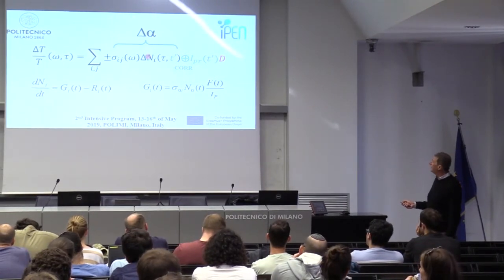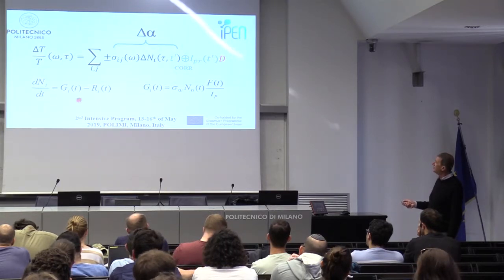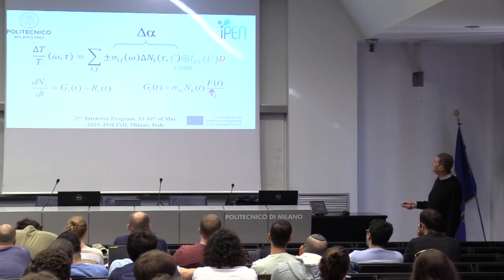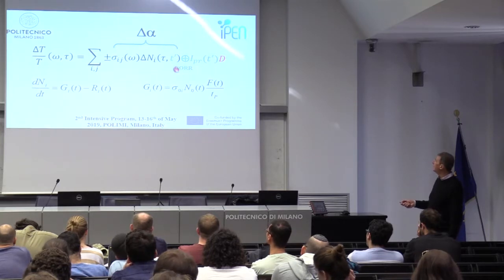And now about the delta n, the change in the population, this is described by a simple rate equation like this, in which there is a generation term and the recombination term. And the generation, if it is due to the pump, will include the photon flux of the pump. And so you see the time duration of the pump is inside the generation, inside the population delta n. And the time duration of the probe is here in the probe pulse.